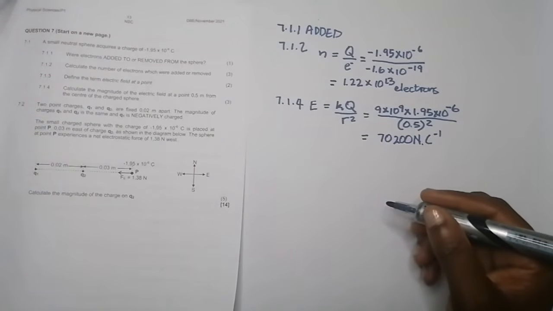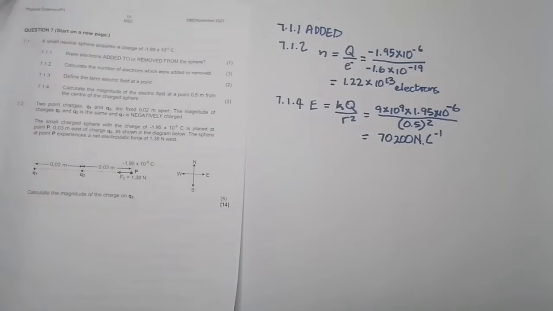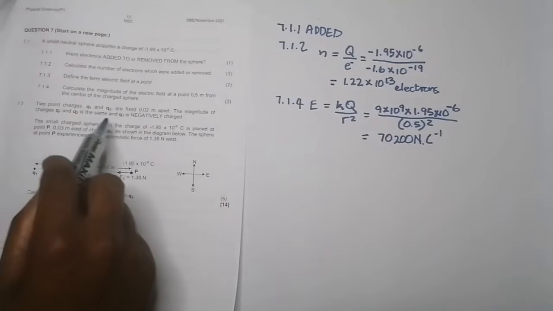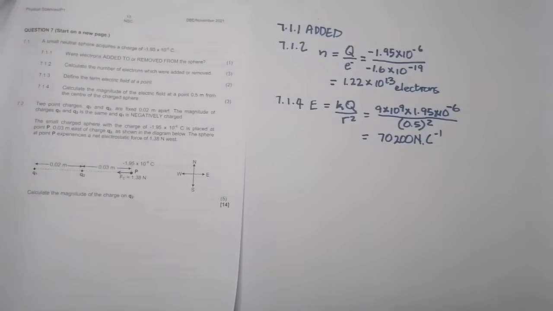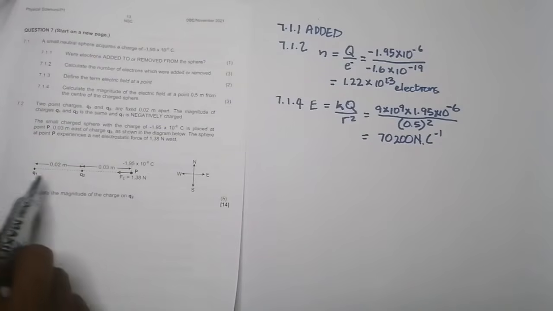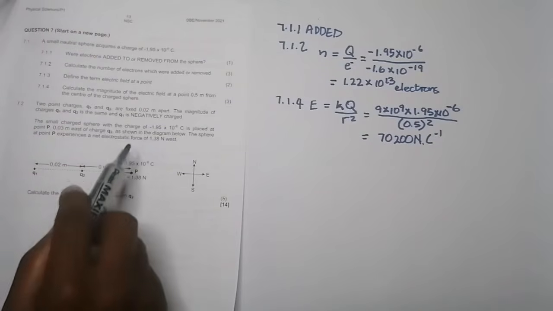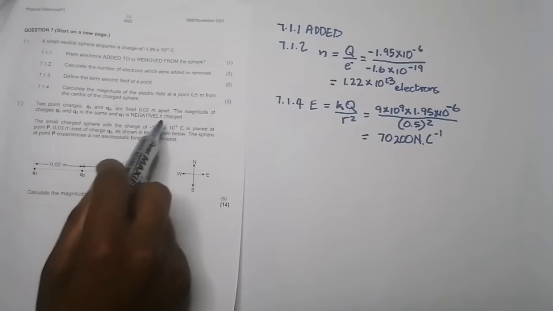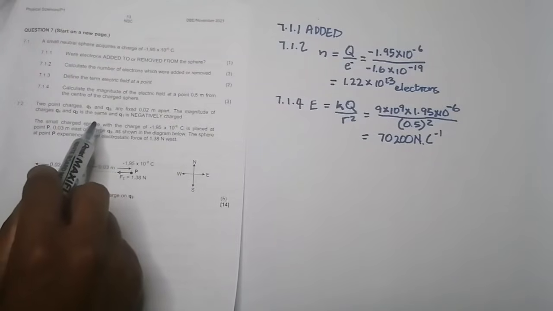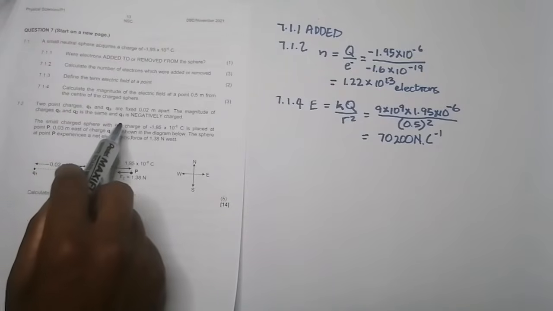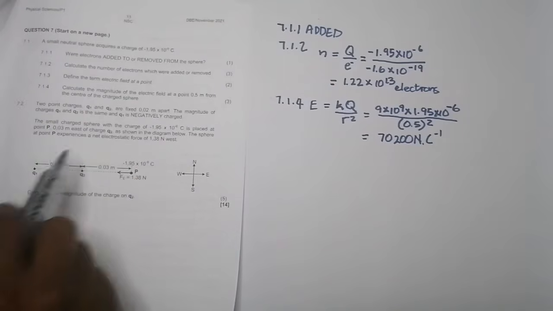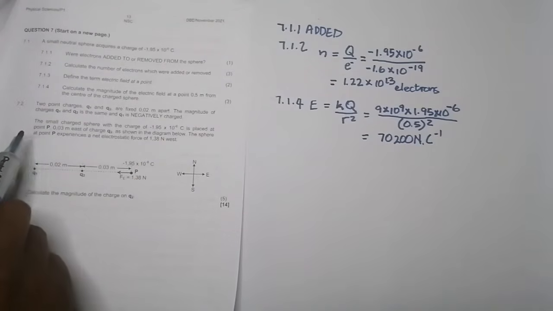As we move right along, let's go to 7.2. Two point charges, Q1 and Q2, are fixed 0.02 meters apart. There's the diagram there that illustrates that scenario. They say the magnitude of the charges Q1 and Q2 is the same, and Q1 is negatively charged. They don't tell us about Q2.